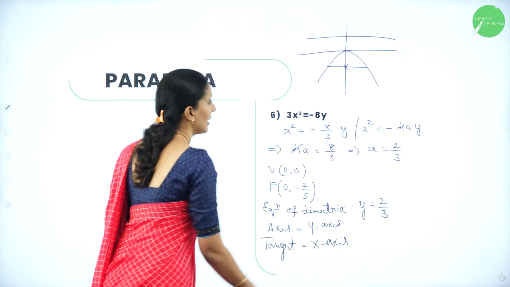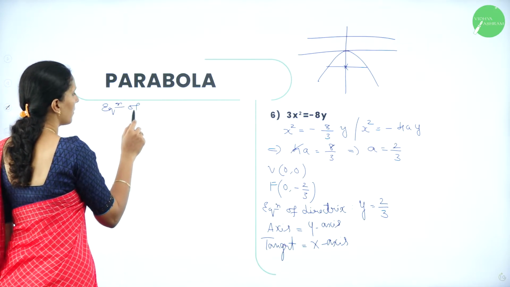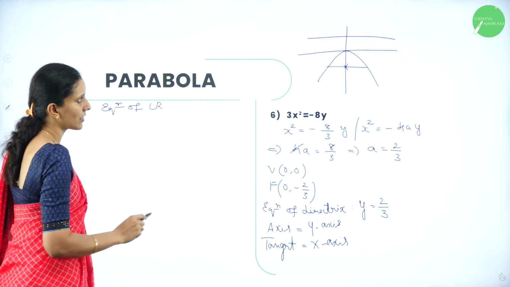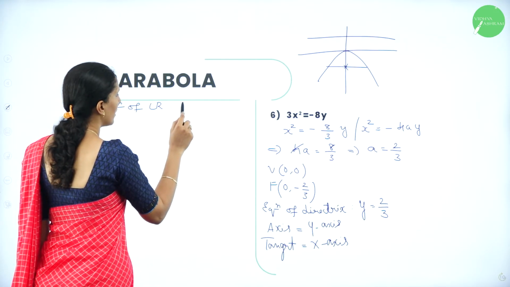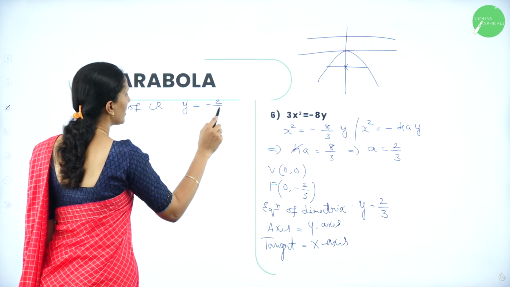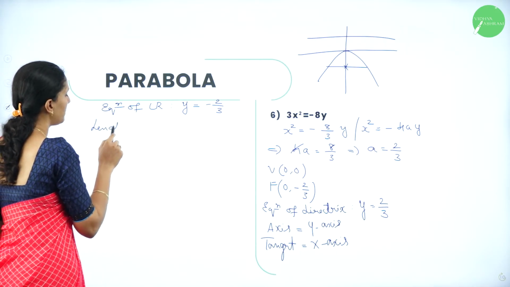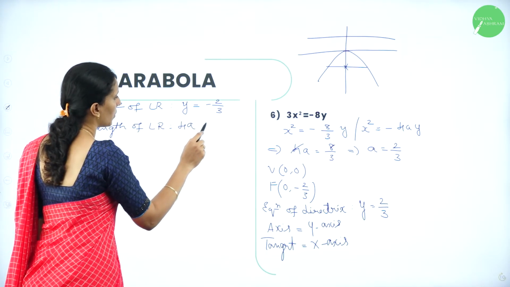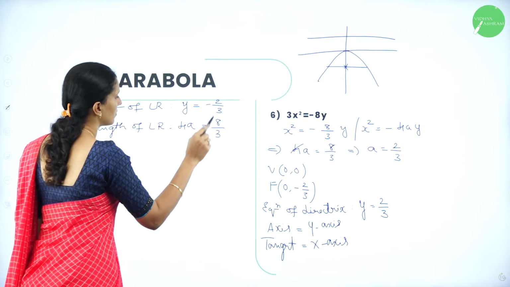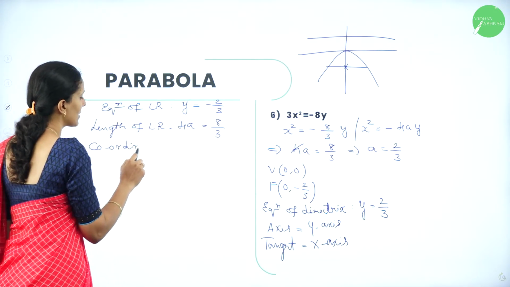Next we come across the latus rectum. Because the latus rectum lies on the negative side, its equation is y is equal to minus 2 by 3. Next we will move to the length of latus rectum, which is 4a, whose value is 8 by 3. Next, coordinates or ends of latus rectum.